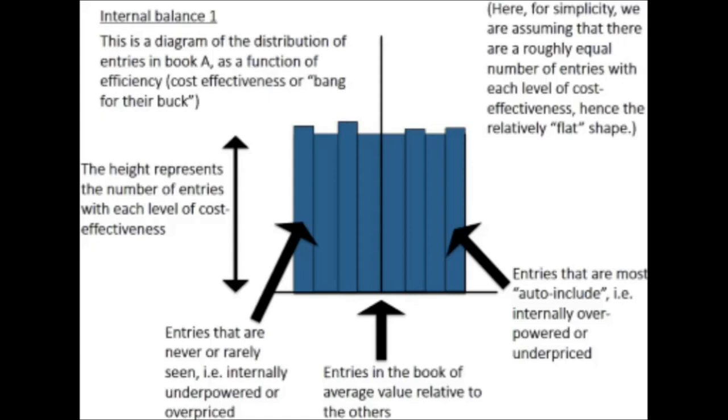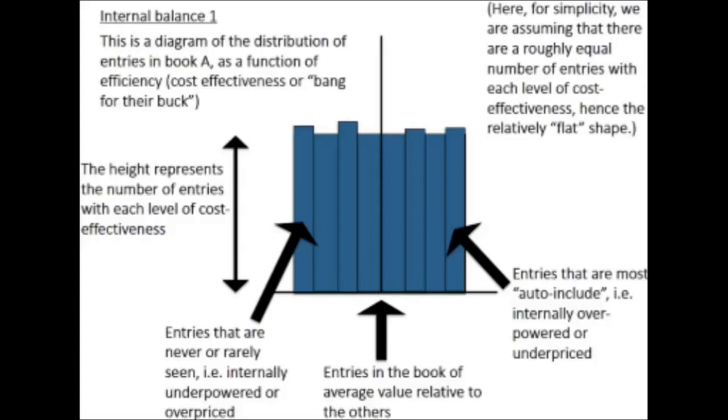Looking at the picture, the units on the left are the ones with the least price effectiveness, the ones on the right are the ones with the biggest price efficiency. The size of the bar represents how many entries of that cost effectiveness we have.